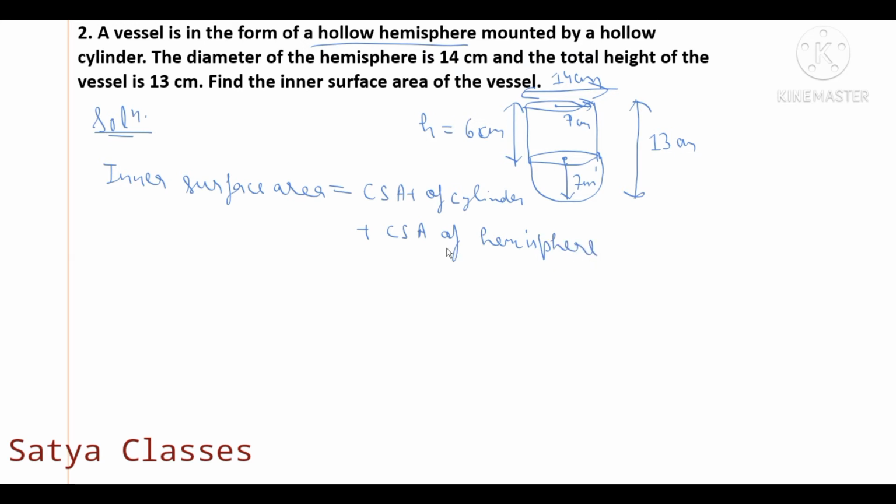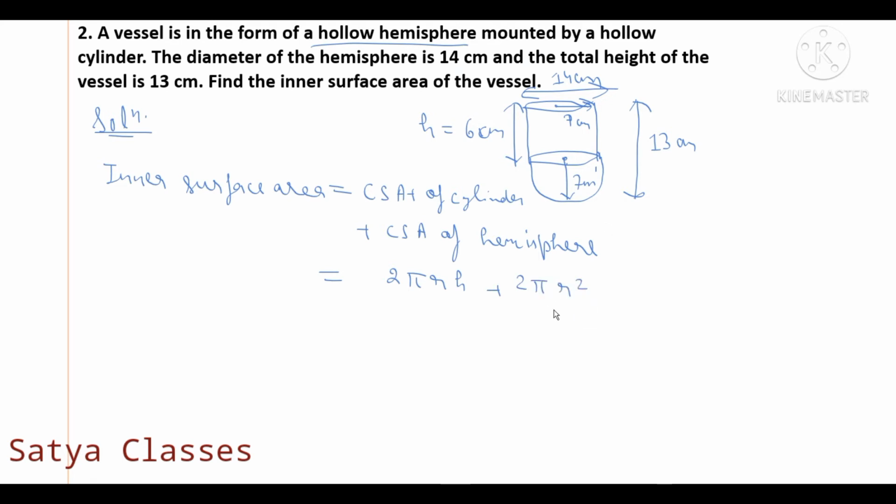We are taking the curved surface areas because we do not have the full surfaces. CSA of cylinder is what? 2πrh. And CSA of hemisphere is 2πr².